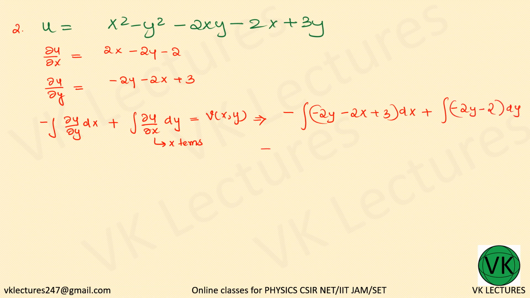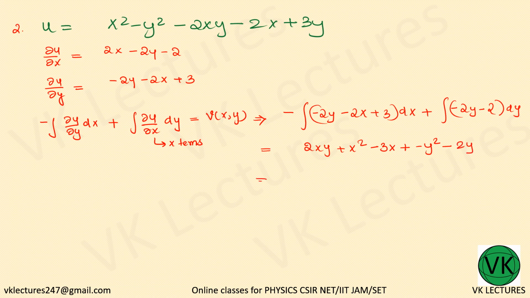So this gives us minus 2y, integral with respect to x is 2xy, then again minus 2x with respect to x, that's x squared by 2, so plus x squared, then 3x, minus 3x, plus minus 2y, so minus y squared by 2 into 2, that is minus y squared, minus 2y.